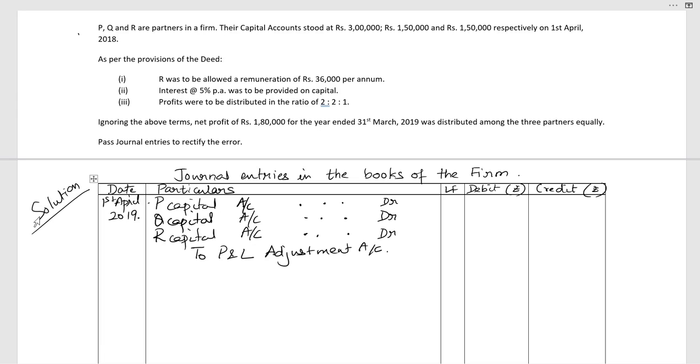The total profits 1,80,000 need to be reversed in the wrong ratio, which is 1:1:1. So on dividing by 3 we get 60,000 each partner.